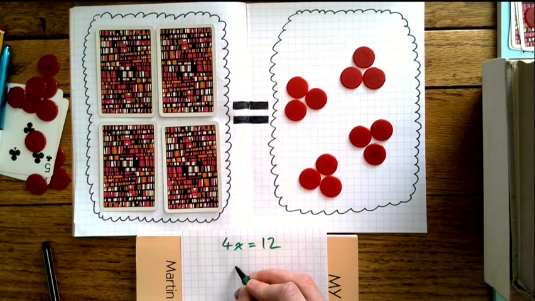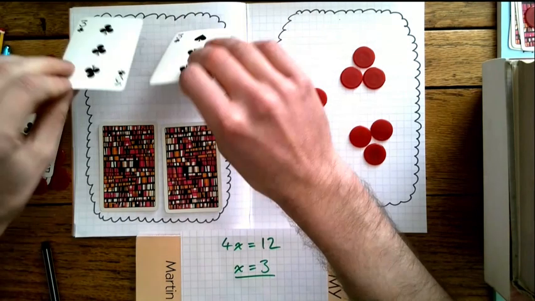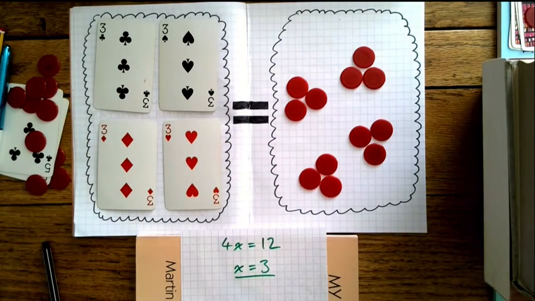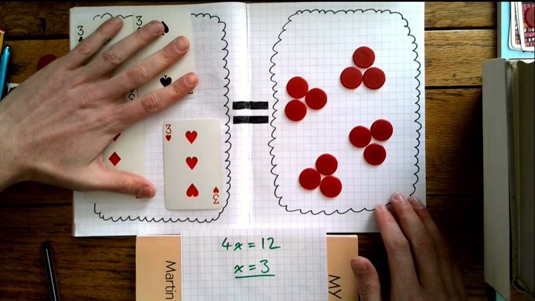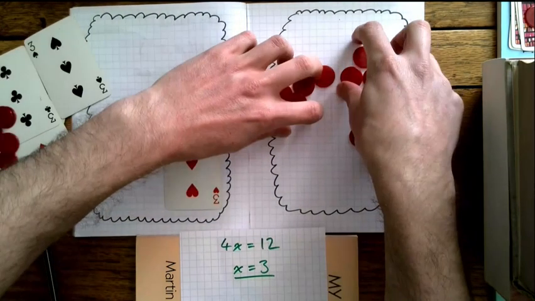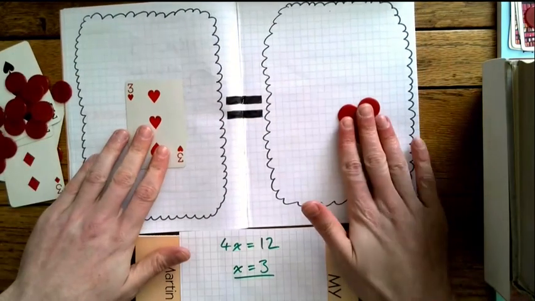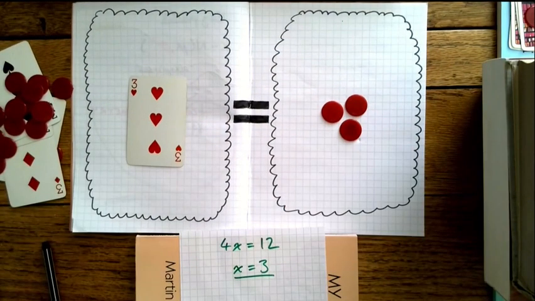So each card should have a 3 on it. Let's check. Great, each card has a 3. We don't actually need all of those now. Why don't we just get rid of those? And each card is 3. That's great.